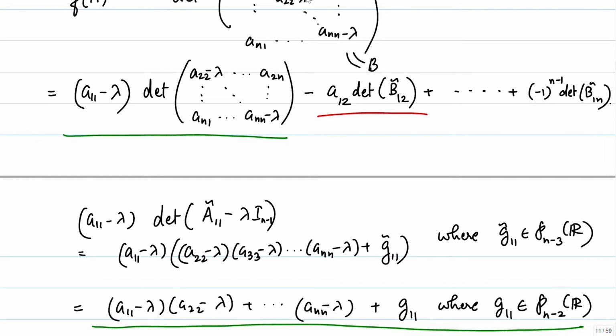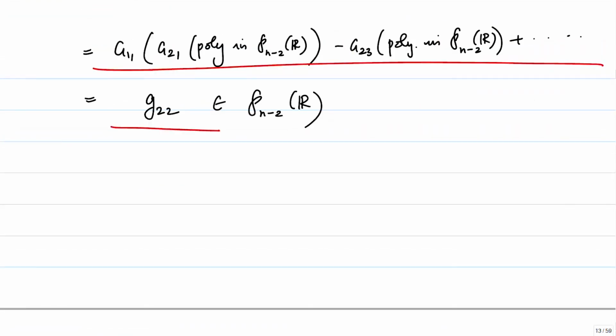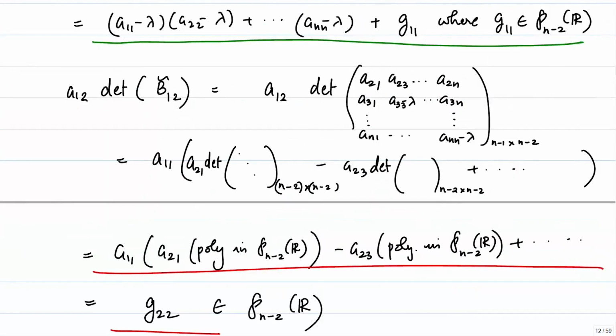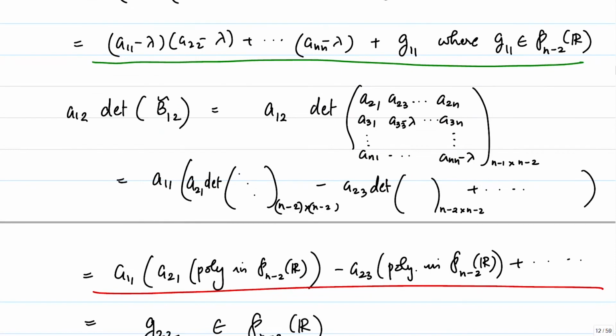Now I will not go about with the remaining terms. The remaining terms are proved exactly similarly to be in P n minus 2 of R. The only thing to note is that when you are considering the term corresponding to A13, you should expand the determinant of the matrix along the third row.